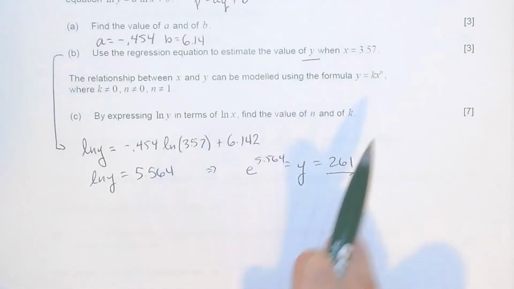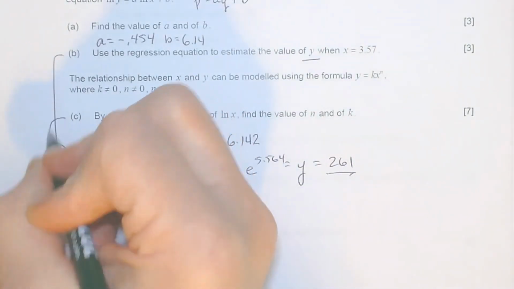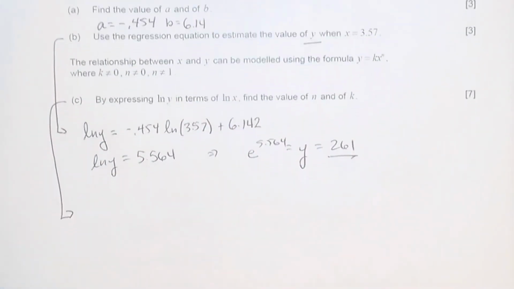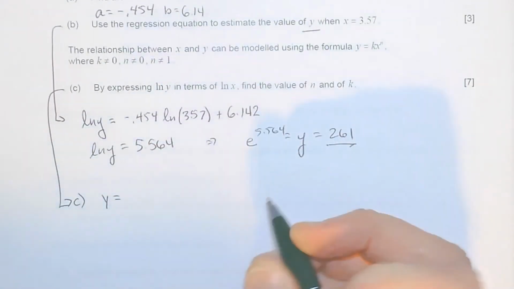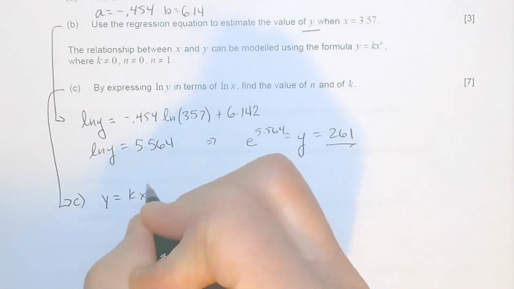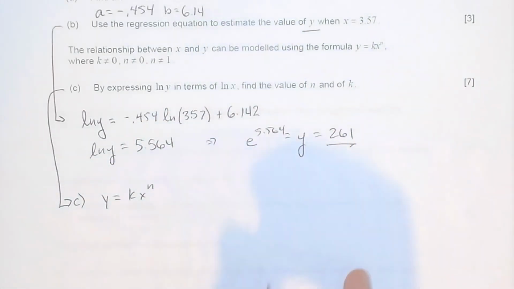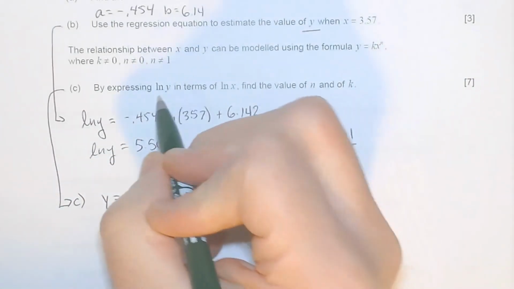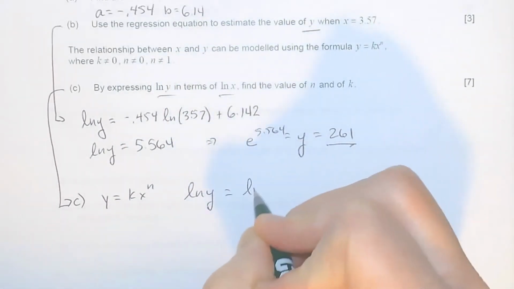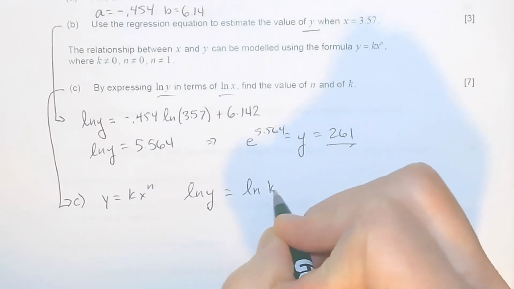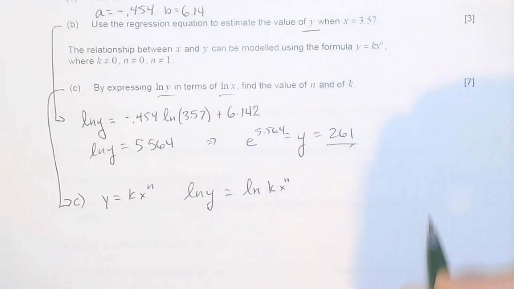For part C here, I will take y equals k x to the n. And now we'll take the natural log of both sides, just like it says. So we'll say that the natural log of y equals the natural log of k times x to the n.